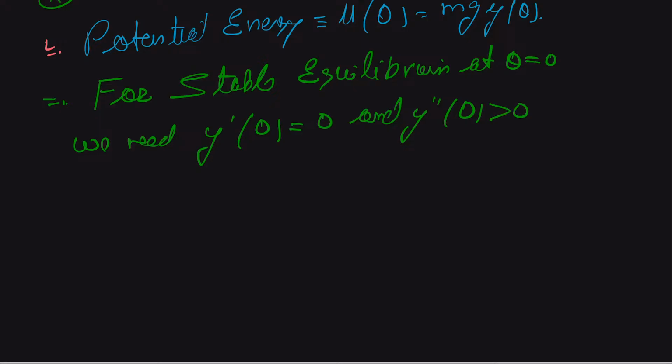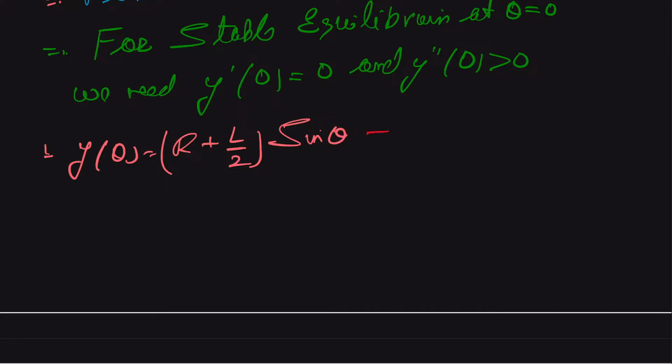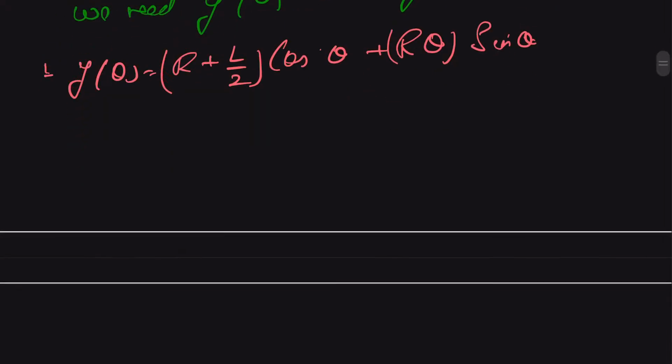So let's find its first derivative. We know that y of theta is R plus L by 2 times cos of theta plus r theta times sine of theta.